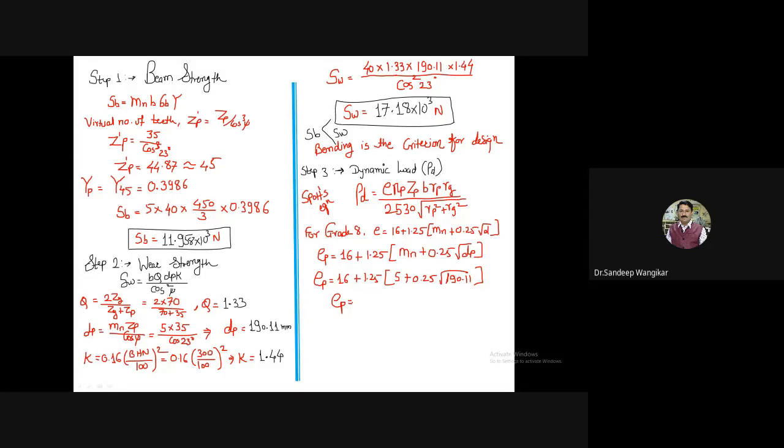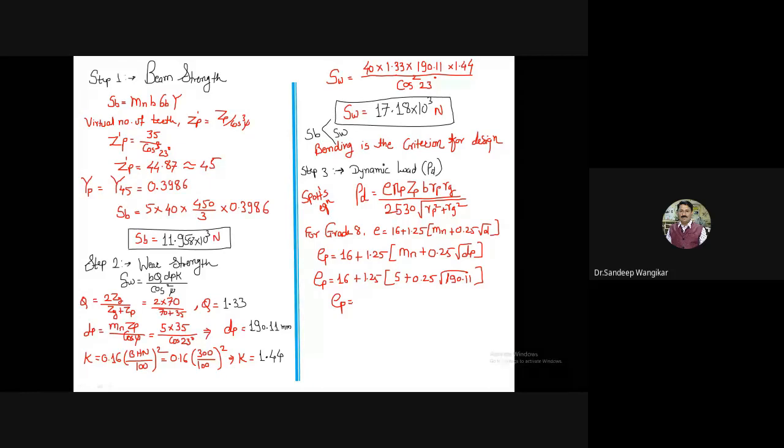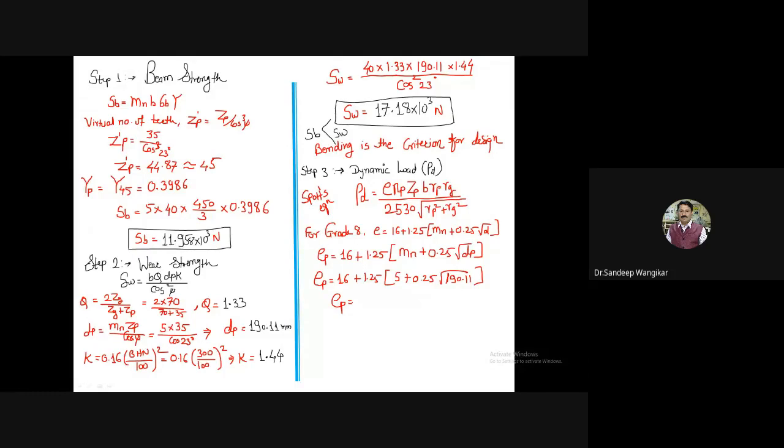Just a simple calculation. (16 plus 1.25) under root of 5 plus 0.25 into 190.11. Any more correct answer? First.